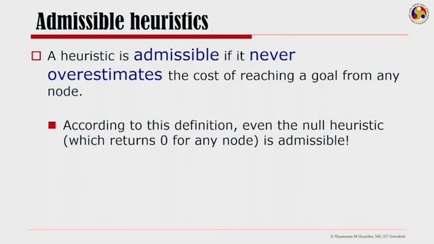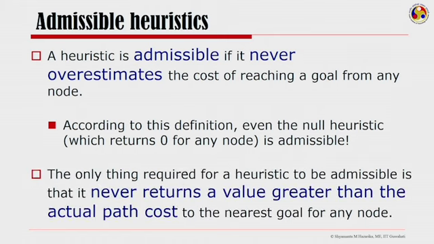A heuristic is admissible if it never overestimates the cost of reaching a goal from any node. So in that case, the null heuristic, which returns 0 for any node, is also an admissible heuristic. The only thing required for a heuristic to be admissible is that it never returns a value greater than the actual cost to the nearest goal from any node.